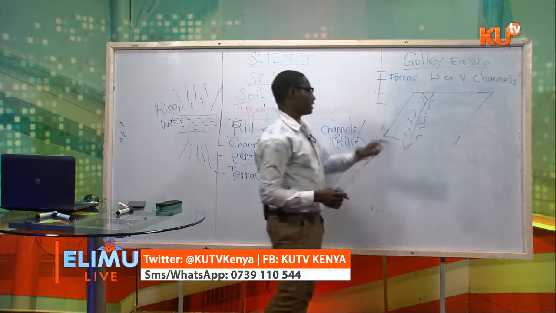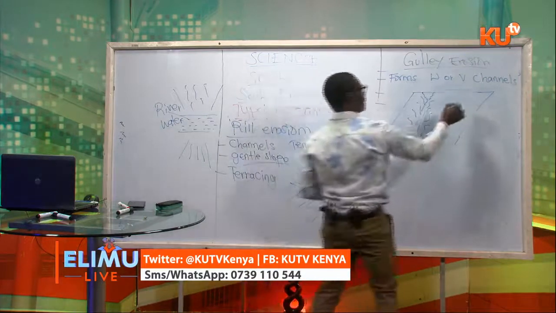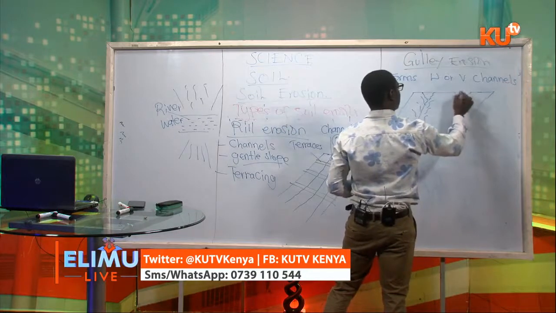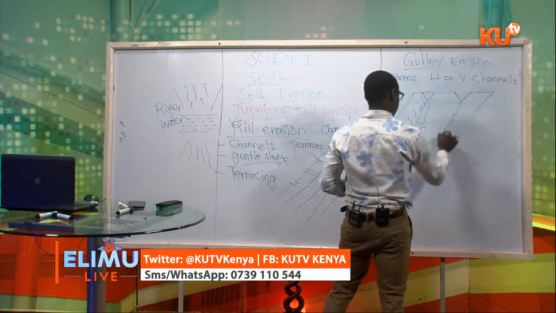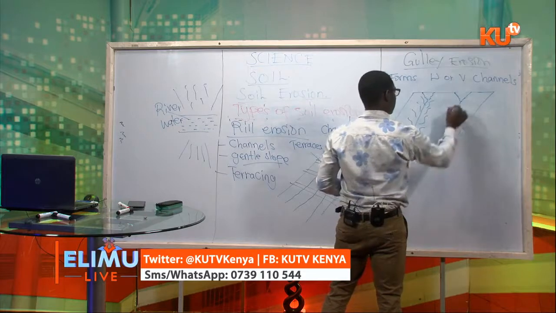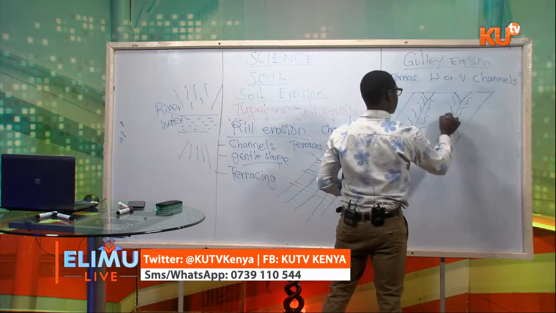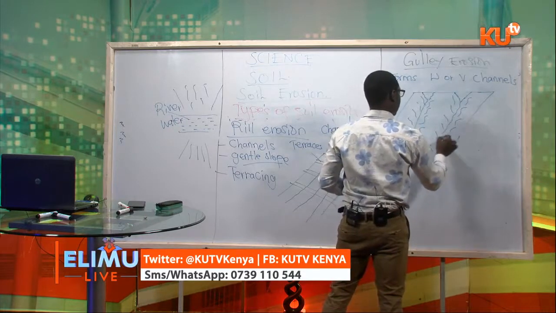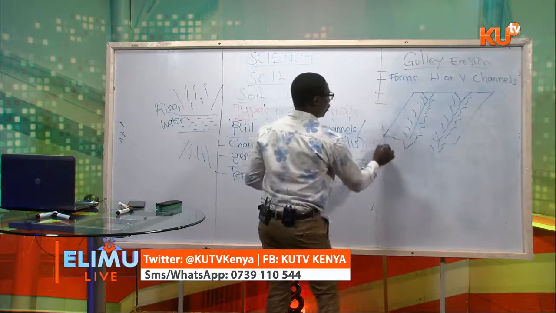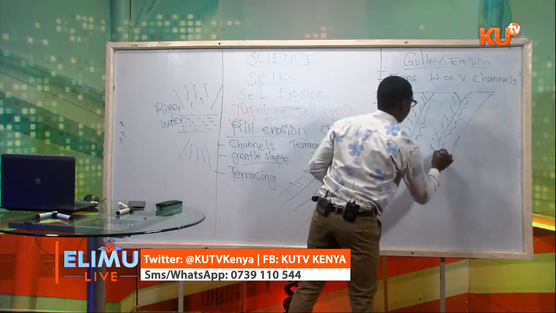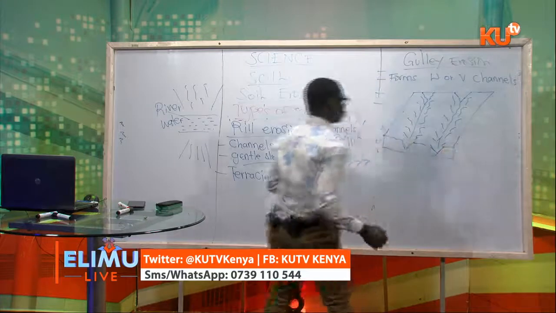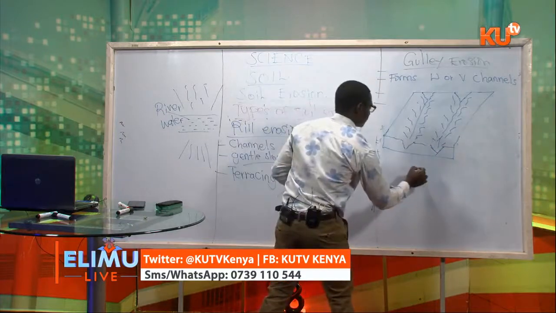If you look at it, it's in V-shape. So it will either have V-shaped depressions, so that is a V-shaped depression, or it can also have a U-shaped depression. Now this is V-shaped.